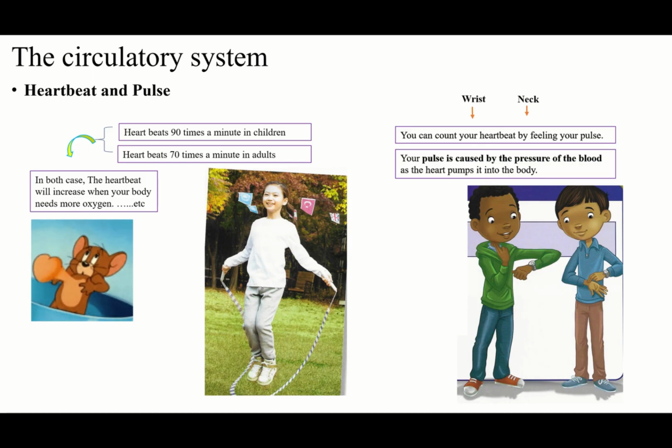Write the records before the activity, after the activity, and also 10 minutes after the activity. Let's see how your pulse and your heartbeat are going to change. I think you understood everything from that part. I hope you understood everything.